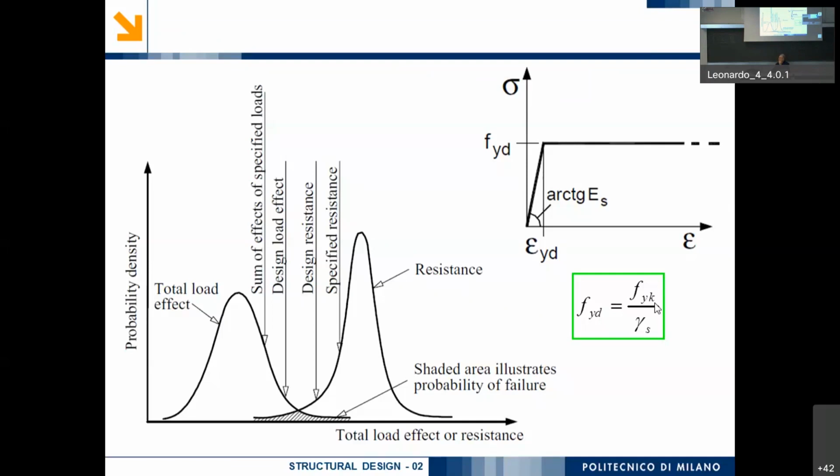Okay? So when we talk about characteristic value in terms of strength, it means that we have 95% of probability that the strength is larger than that value, and only 5% that it is below that value. Okay?